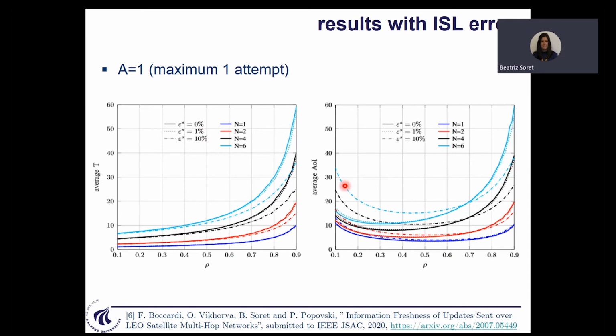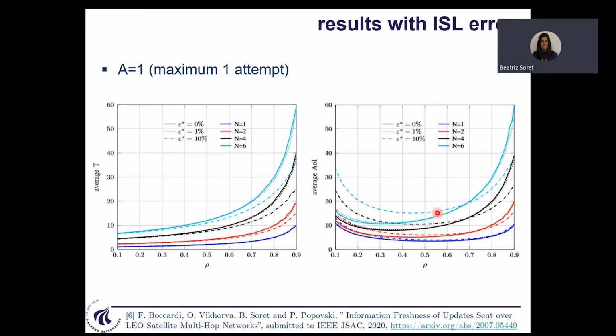What we observe is that for low values of rho, the H is best without errors. But in the congested part, when the queues are long, it's actually better if you start losing some packets, because it will reduce the load a little bit, and then the H actually gets lower values than when epsilon is equal to 0 or with small values of epsilon.